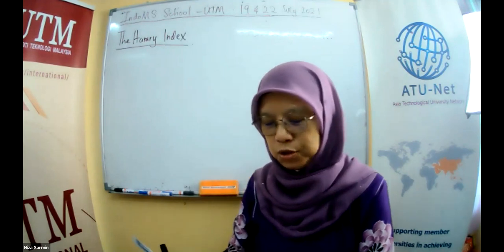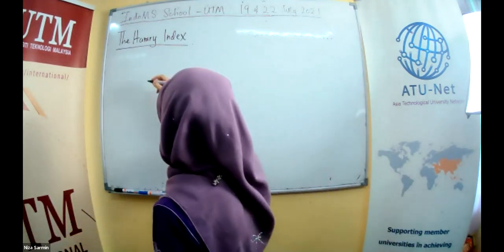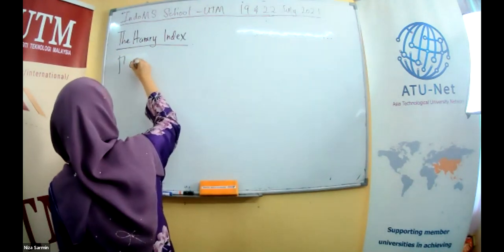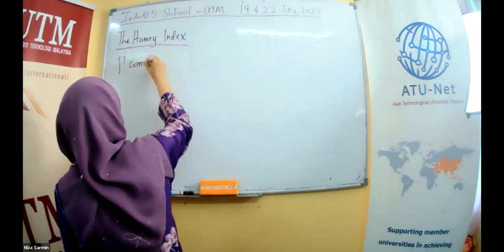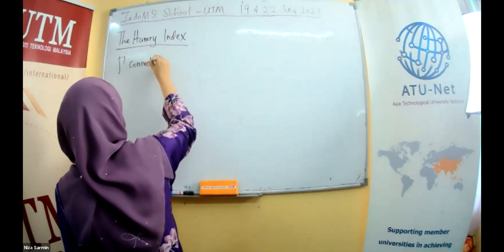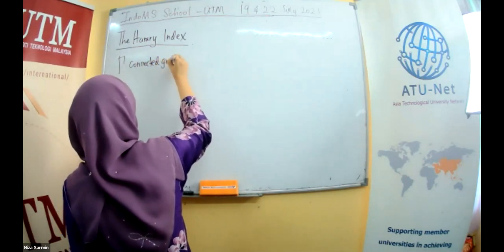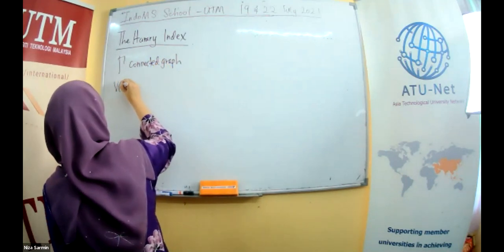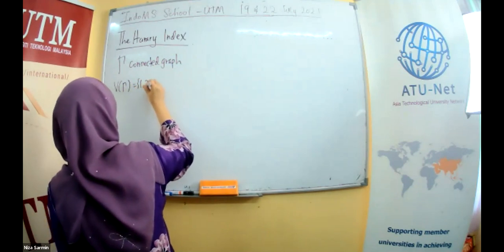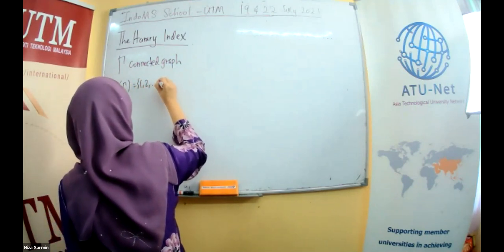Okay, so again, for this Harari index, we need gamma to be a connected graph, and we want the vertices to be 1, 2 until n.